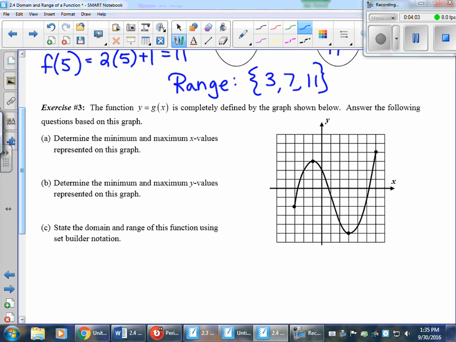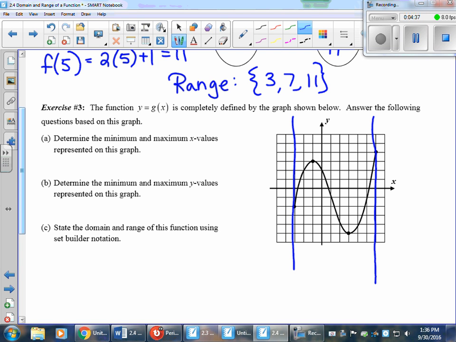Moving on to exercise 3. The function y equals g of x is completely defined by the graph shown below. Answer the following questions based on this graph. Determine the minimum and maximum x values represented on this graph. If we consider the minimum x, basically we're considering the smallest value of x on this graph and the largest value of x on this function.